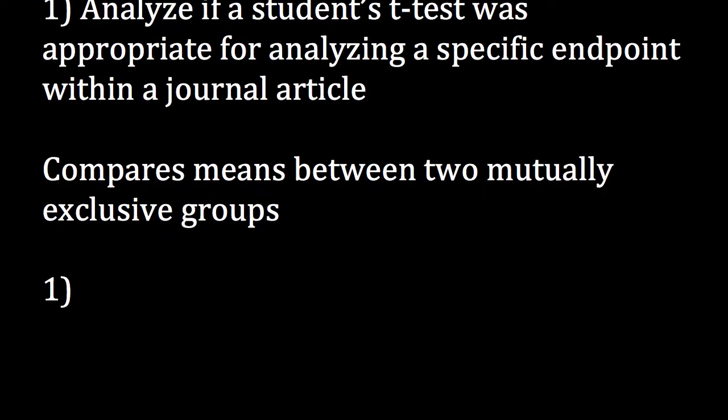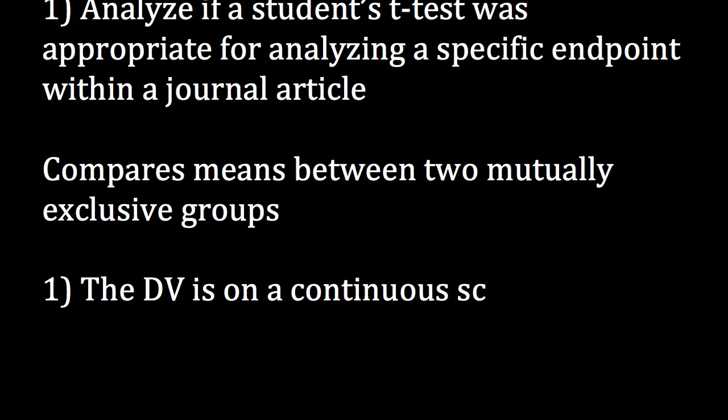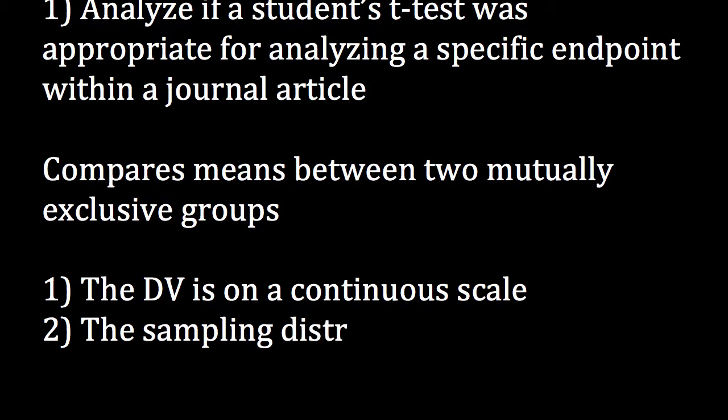The first assumption is that the dependent variable, or the outcome, is on a continuous scale. The second assumption is the sampling distribution is normal.